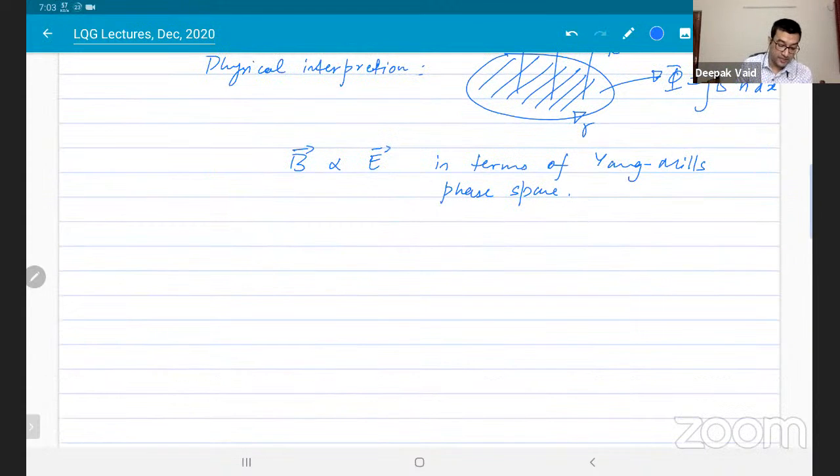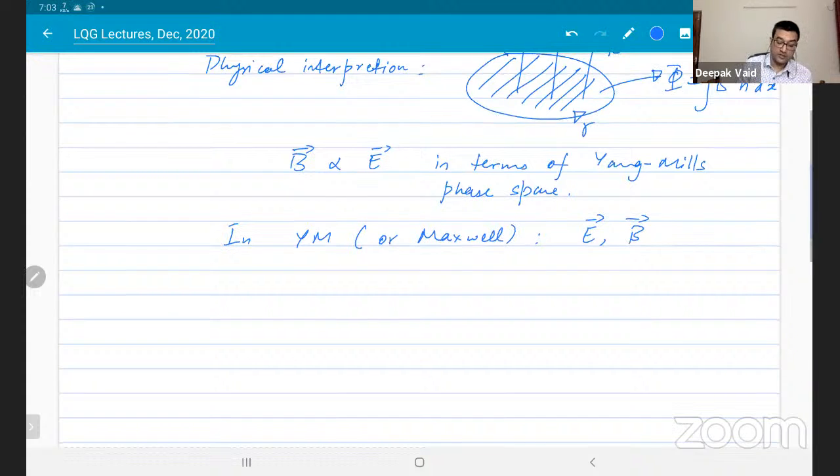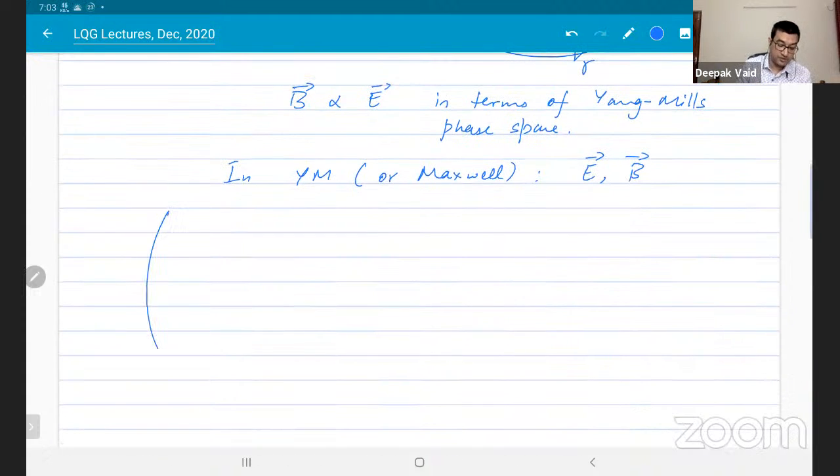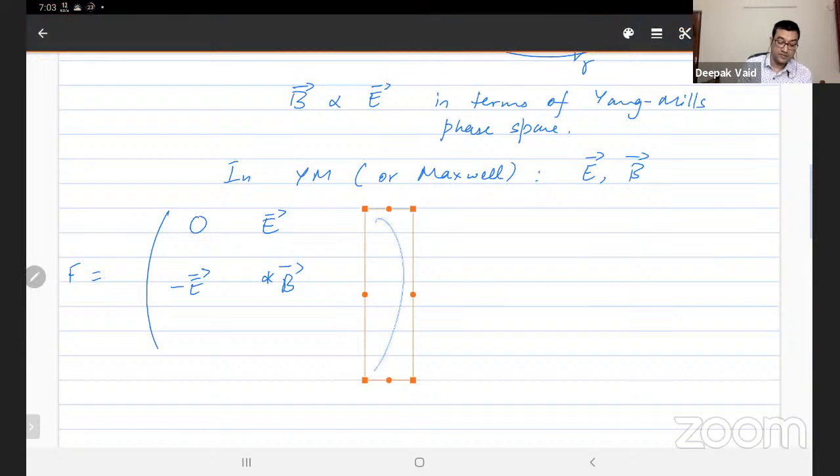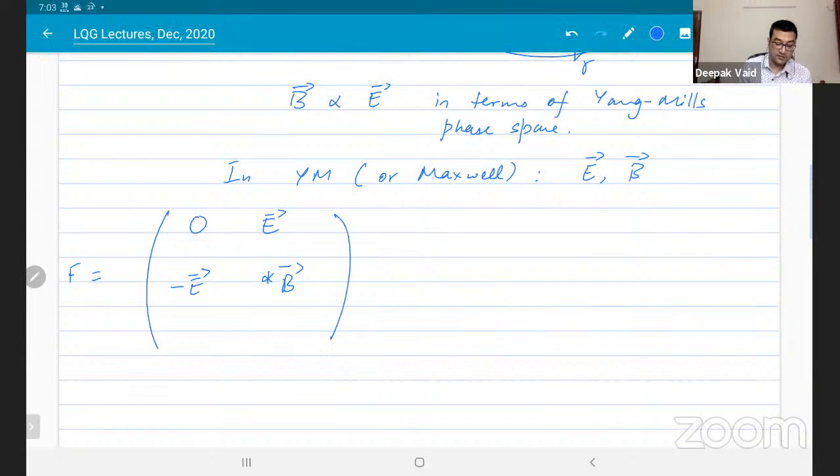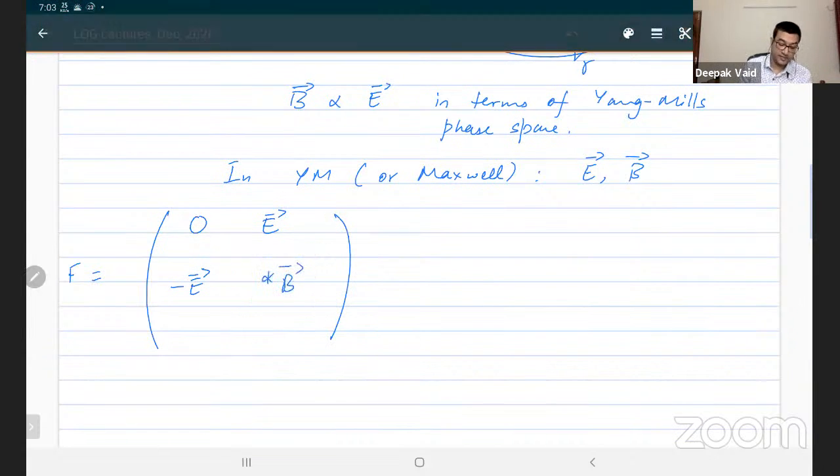So in Yang-Mills theory or Maxwell theory, for simplicity, right? You have an electric field and a magnetic field, which correspond respectively to the curvature tensor, and this is your electric field, and then you have your magnetic field, which is the spatial part of this tensor, right?